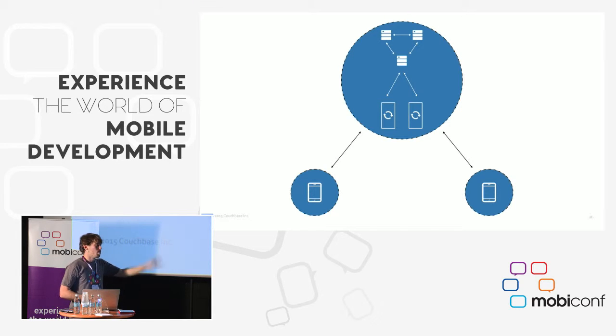Your server burns into fire for some reason, and you're able to push back. So it's almost like a data center recovery, failover. And we thought, okay, we've done the mobile to server and server to mobile replication, but if we could embed a web server into the Couchbase Lite framework, which would be optional, maybe we could also do peer-to-peer replication.